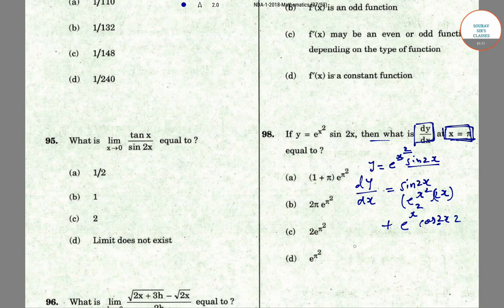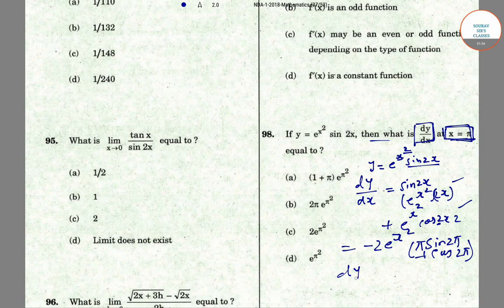Now if you further solve it, you will get 2 e to the power x squared, which is pi squared, times x sine 2 pi plus cos 2 pi.